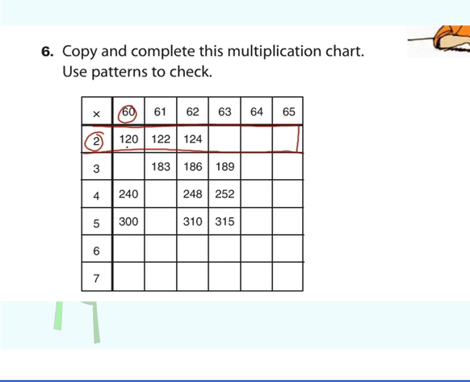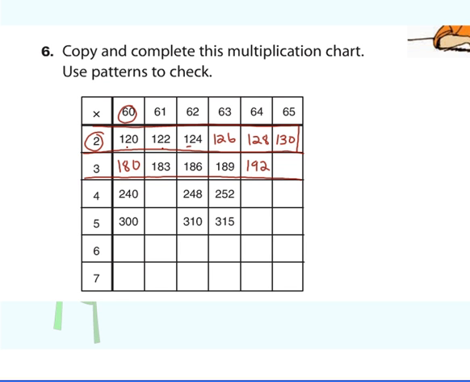So 120, 122, 124, 126, 128, 130. I didn't even need to multiply to figure those out. Here, all of them will go up by 3. It doesn't give us the first one, so we need to subtract 3. So this will be 180. These ones, we add 3, 89, 90, 91, 92, and so on. So use what you know.